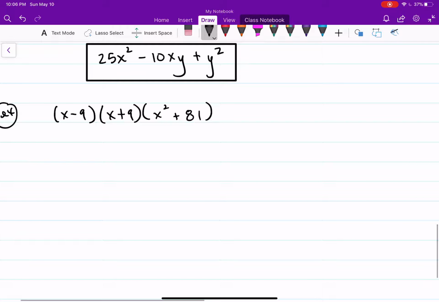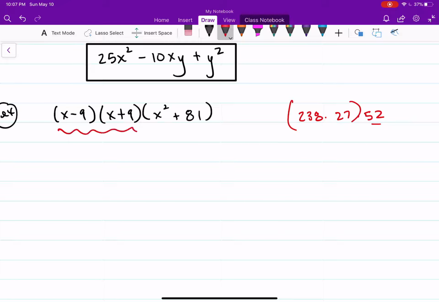Well, if I was to give you, for example, 238 times 27 times 52, right? If you didn't have a calculator, you would multiply these two first and then multiply by the 52, right? We are going to do exactly the same thing. We're going to multiply these two first, and then whatever the result is, then multiply to that, okay? So let's go ahead and do that.